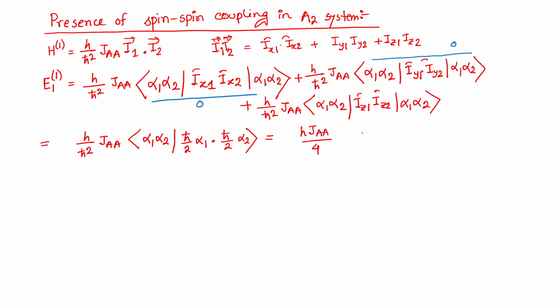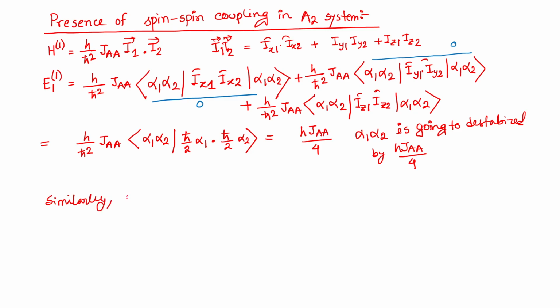So alpha 1, alpha 2 is going to, again, like the previous case, be destabilized by ħJ_A by 4. Similar treatment, similarly, we will be able to show this is going to be ħJ_A by 4.